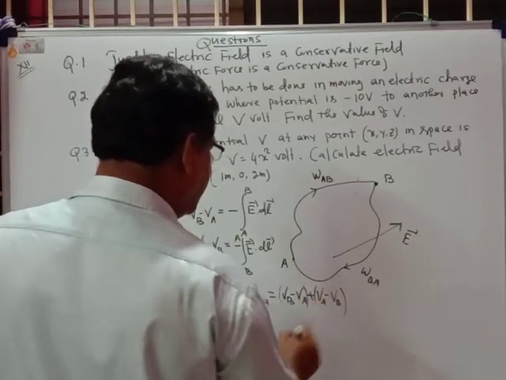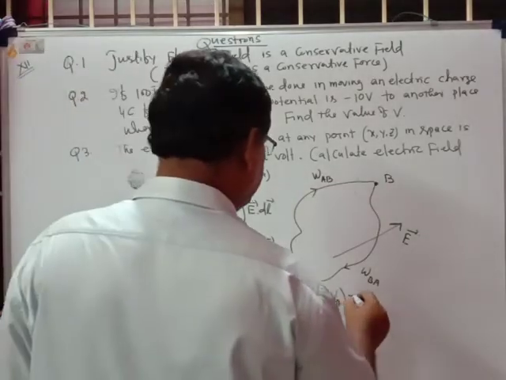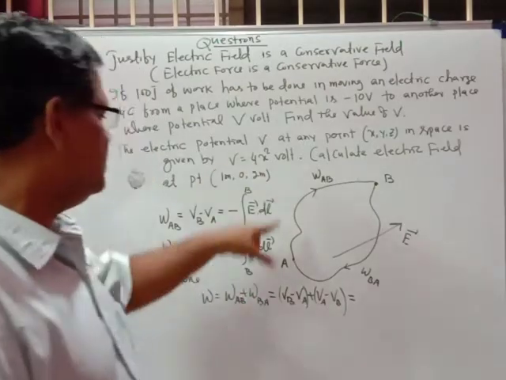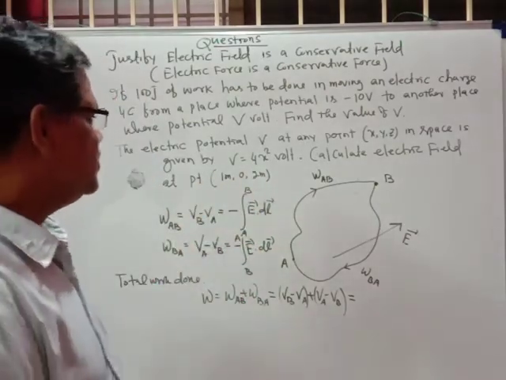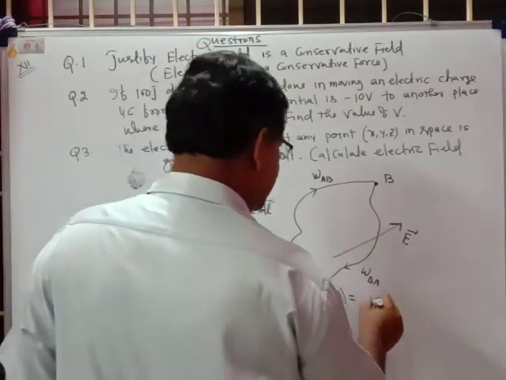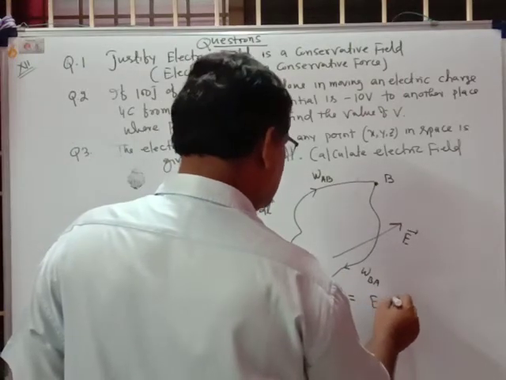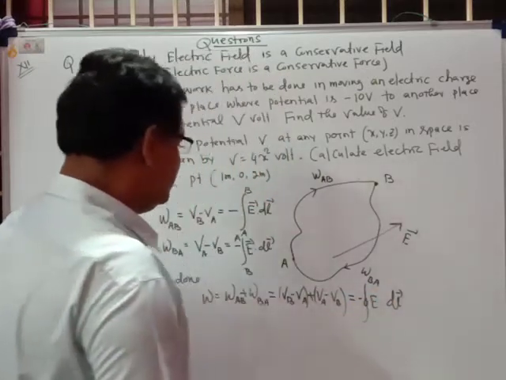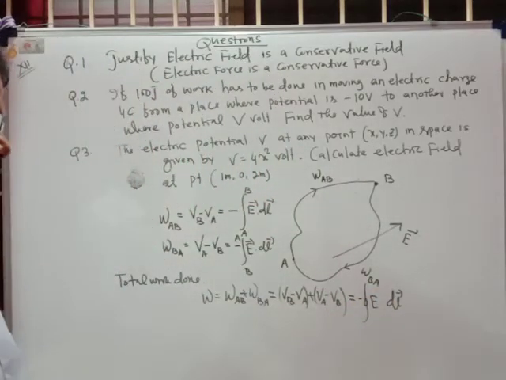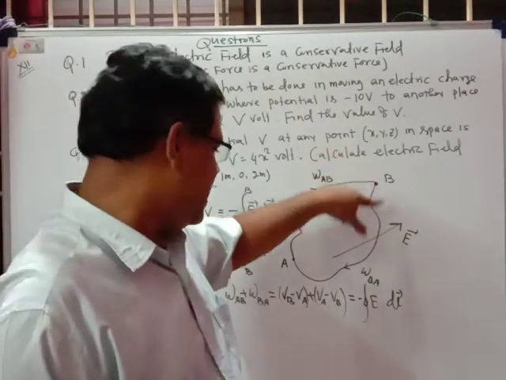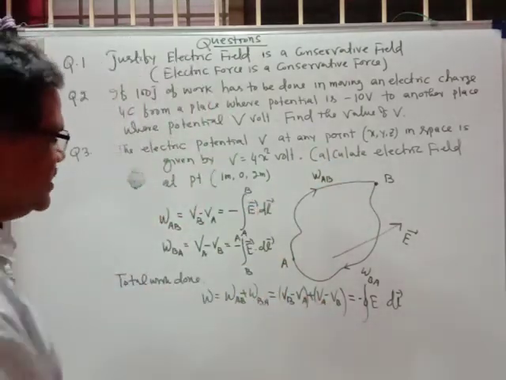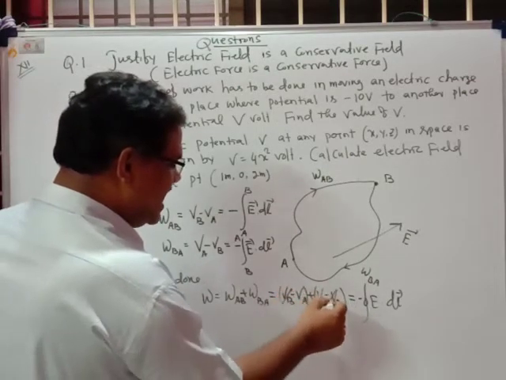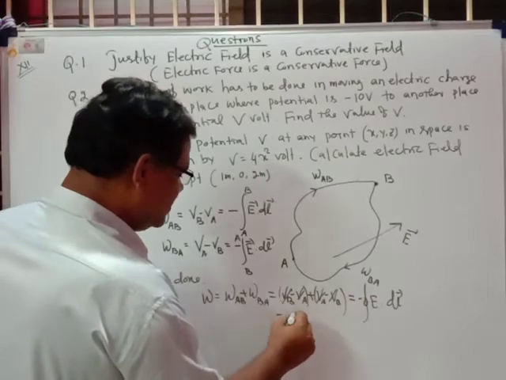Both parts I am adding, and this equals minus the closed integral of E vector dot dl vector, because we are taking it from A to B and from B to A, again returning to A. So VB minus VA plus VA minus VB: VB cancels and VA cancels, so you are finding 0.